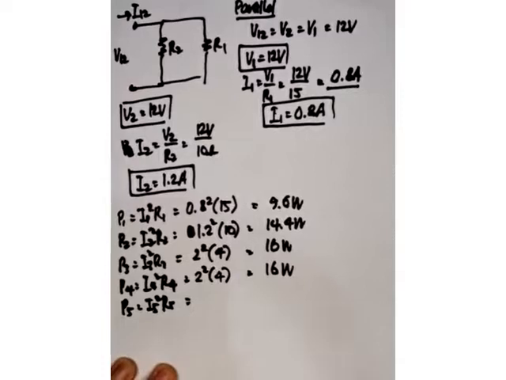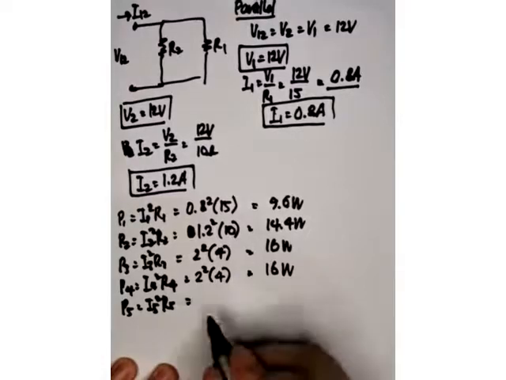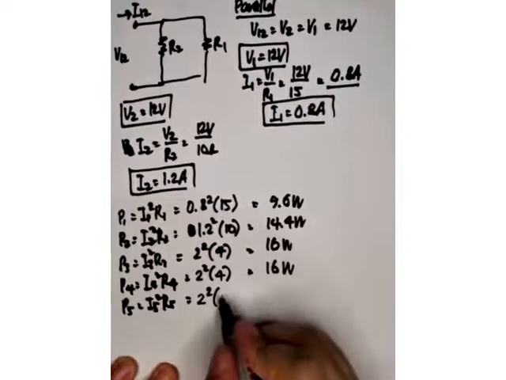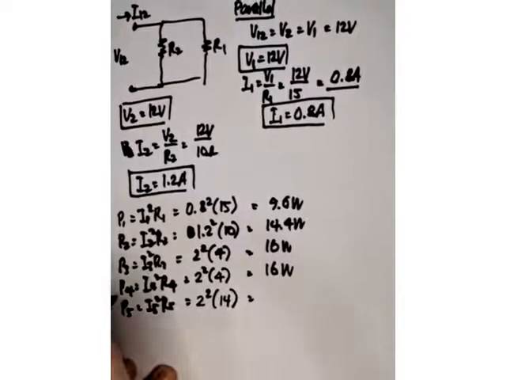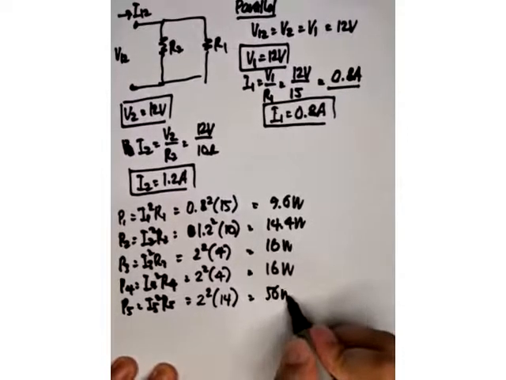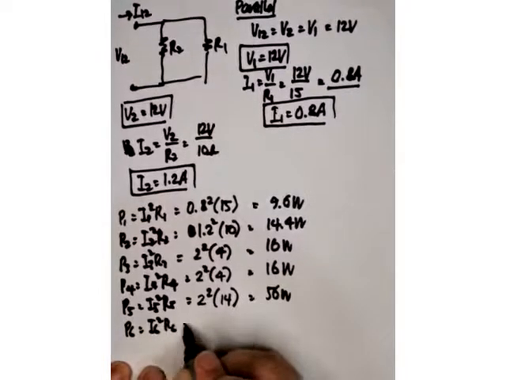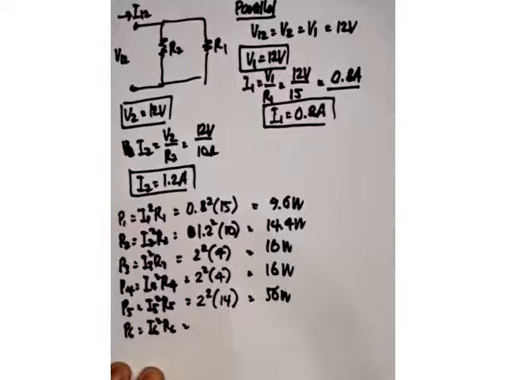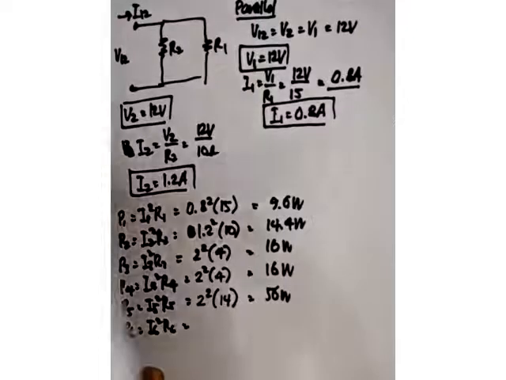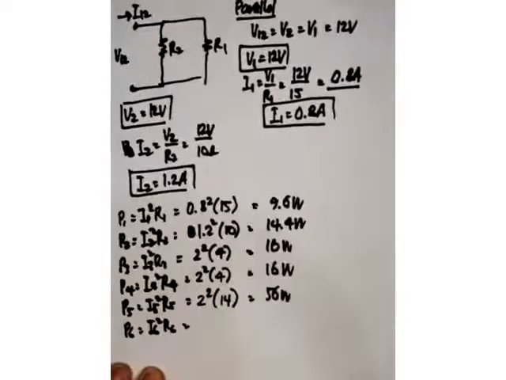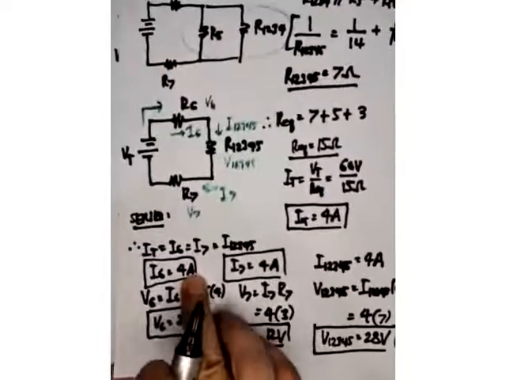And then power 5 is I5 squared R5. So that's equal to I5 is 2, and then R5 is 14. Okay, 56 watts. Then P6 is I6 squared R6. The I6 is 4.